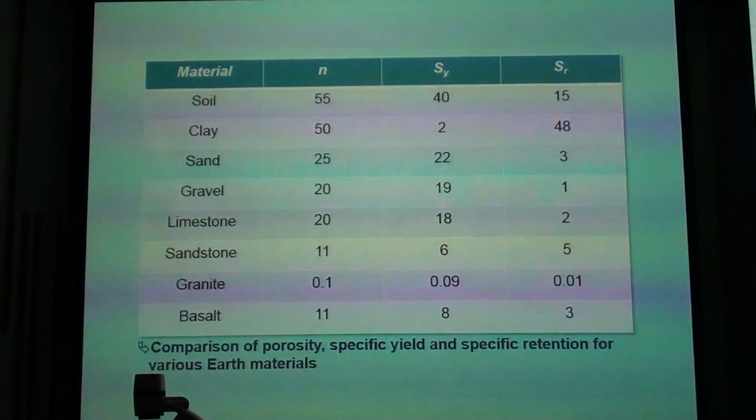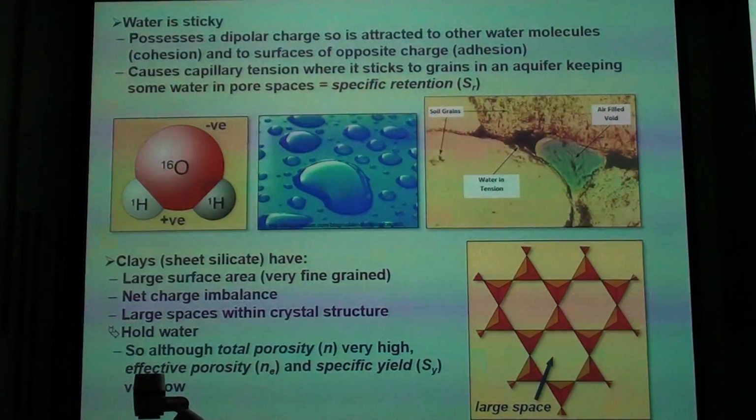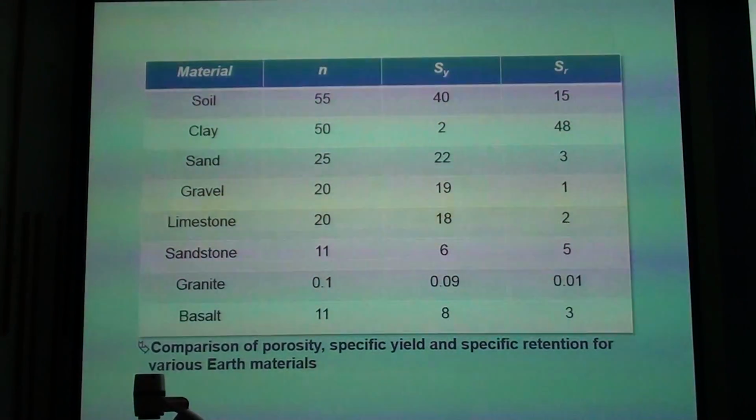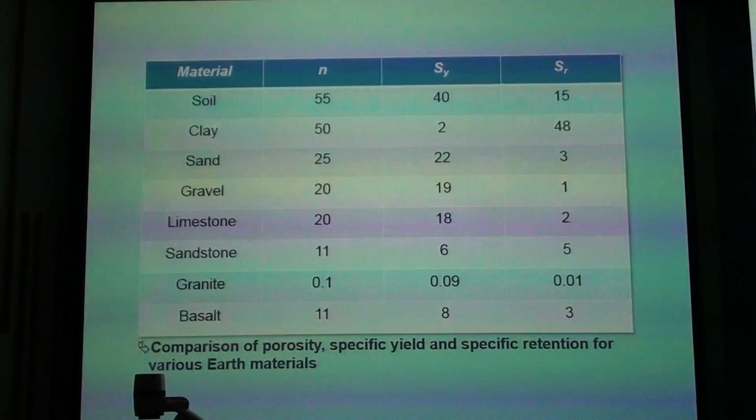Clays are a really bad example of good specific yield. Other things are a lot better. Gravel's really good. It gives up most of its water and retains very little. The coarser grained a material is, the less water it will retain. So gravel's great stuff. That's your specific yield.